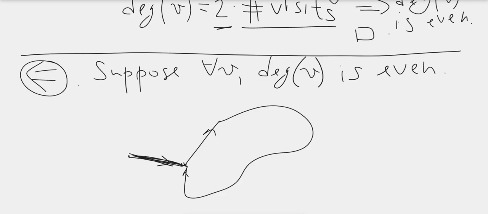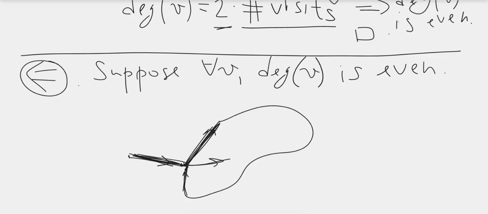These edges that are already visited have an even number. Because the total degree of this vertex is even, the edge by which we came to this vertex, when we add it, would be an odd number. Therefore we must again have an exit, because the total degree is even.